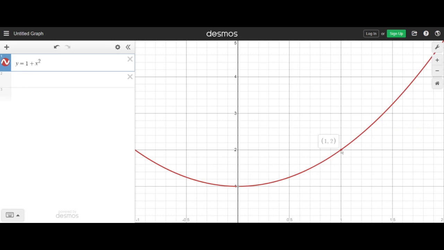All right, well, anyway, there's the point (1, 2). And so when x is less than 1, all the y values are below 2, right?